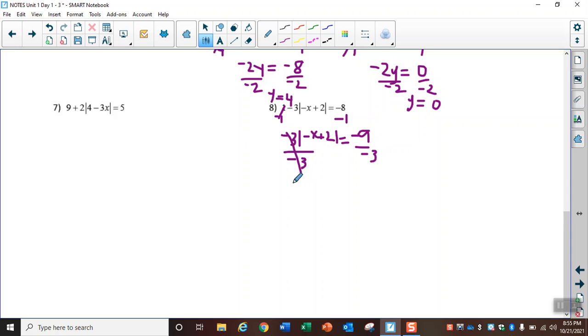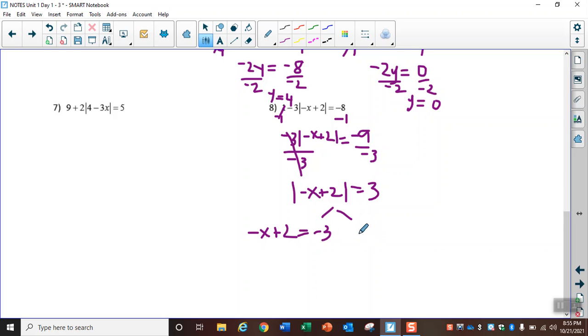So that goes away, and I've got the absolute value of negative x plus 2 equals positive 3. And then now I'm just going to write my two equations. Take what's inside, negative x plus 2 equals negative 3.